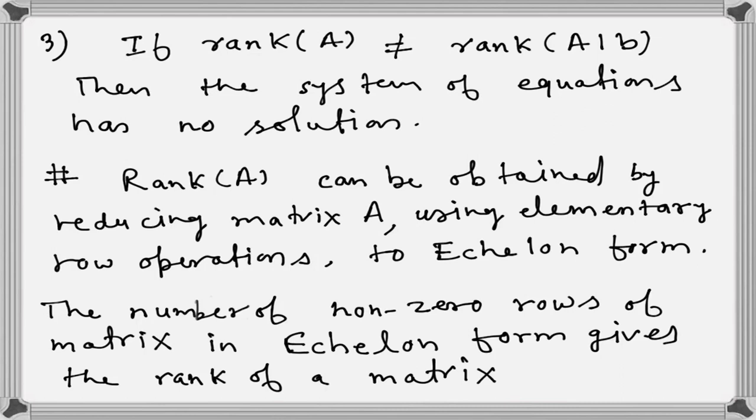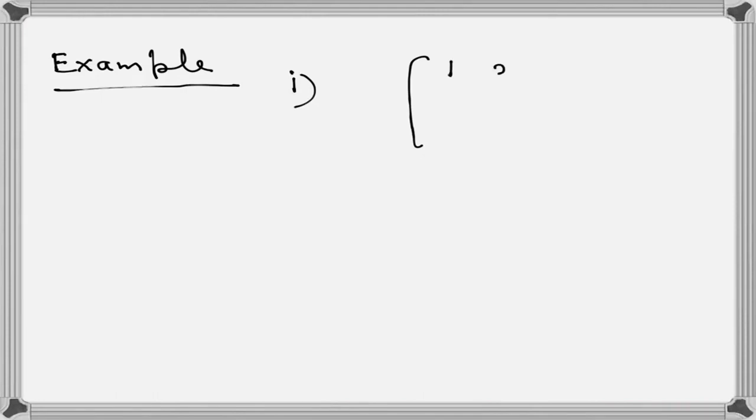Okay, so let's give some examples of rank and echelon form matrices. Example is 1, 2, 3; 0, 2, 5; 0, 0, −1.